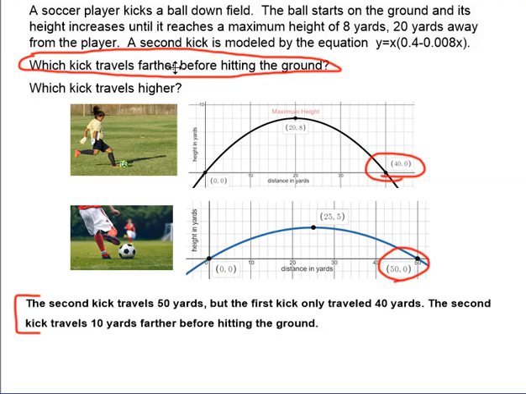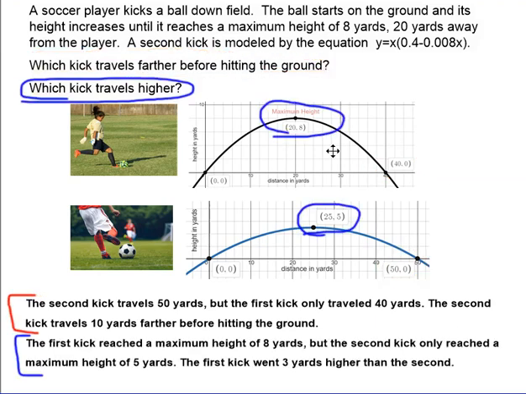Which kick travels farther before hitting the ground? We're going to look at where it comes back down to hit the ground, write ourselves some complete sentences using all of that information. The second kick travels 50 yards, but the first kick only traveled 40 yards. The second kick travels 10 yards farther before hitting the ground.